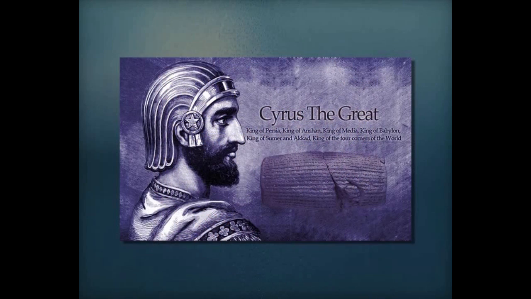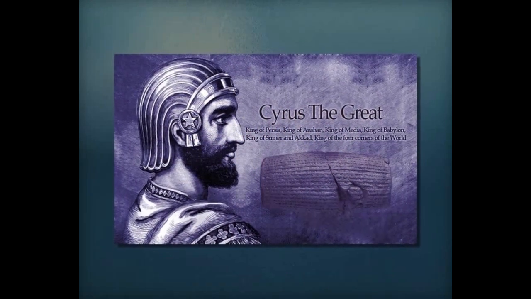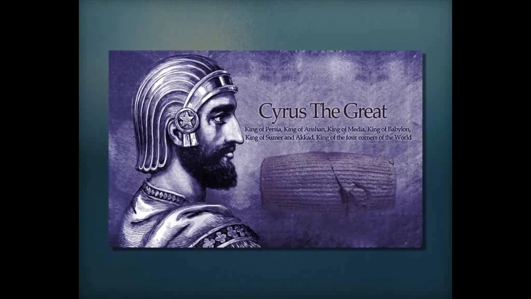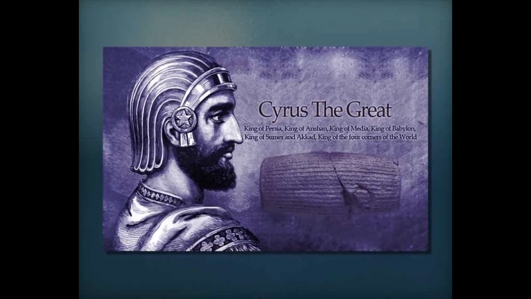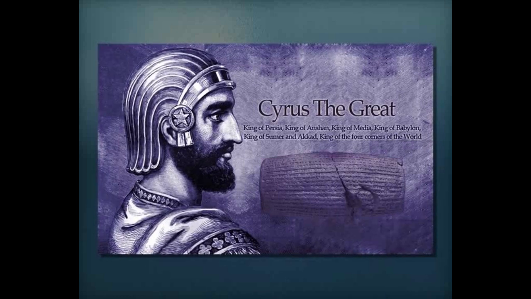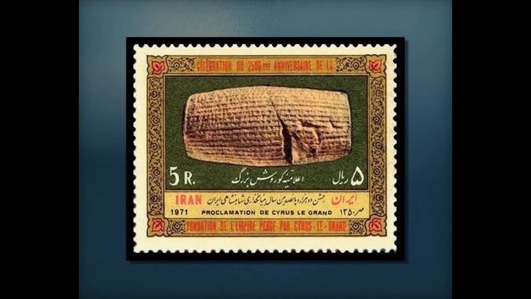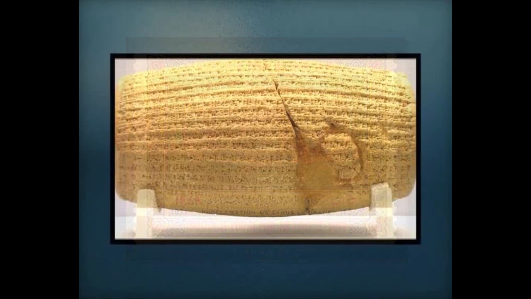It implies that he freed the slaves, declared that all people had the right to choose their own religion and established racial equality, and in modern times Cyrus cylinder appears to be the beginning of human rights.